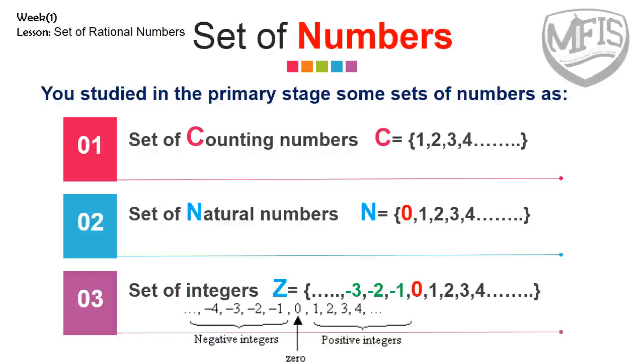And natural numbers, denoted by N, which contain 0 and all the positive numbers. And finally, the set of integer numbers, denoted by Z, which contains 0, positive numbers, and also negative numbers.